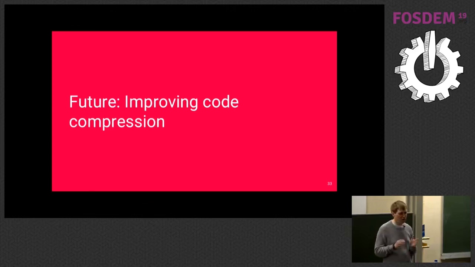But if you're trying to minimize code size, that's not always what you want, because it means that your branch offsets tend to be larger, and so you tend to end up not being able to compress all your branches. And so tweaking this or adding ways of opting out of that behavior is something to be further explored.